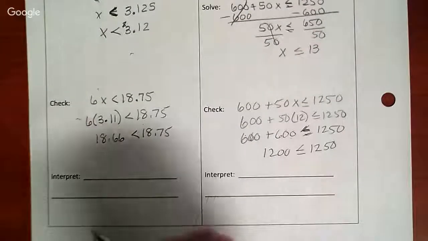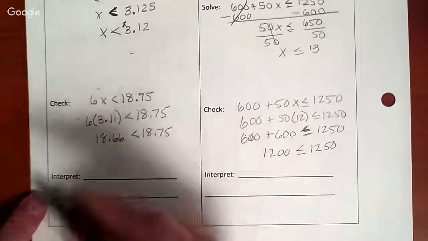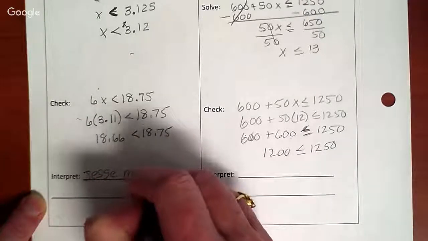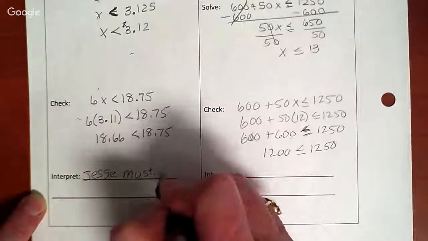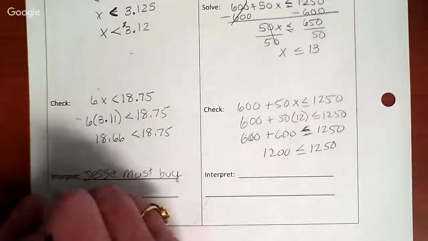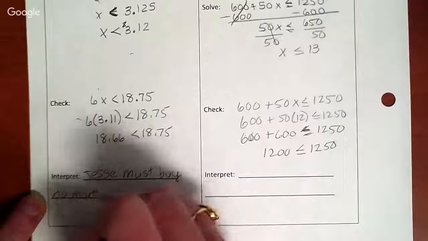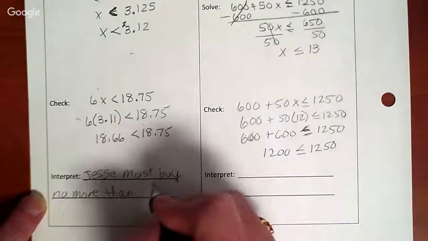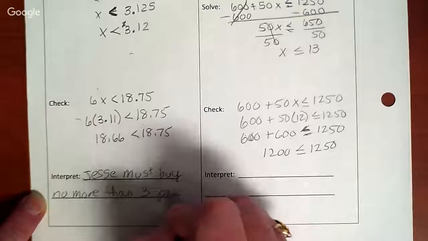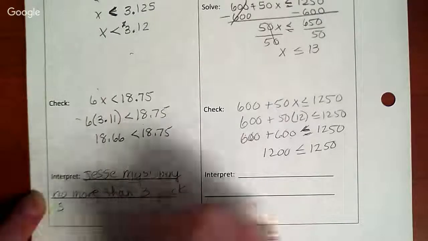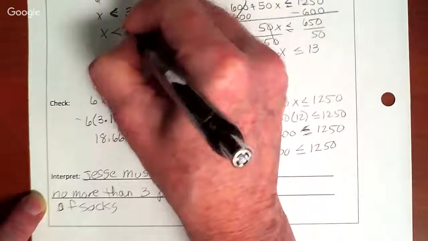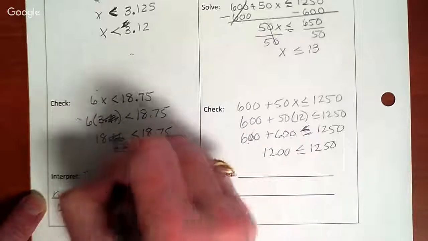And to interpret that, okay, Jesse must buy no more than three packs of socks. Not money, guys, sorry. That's 3, so 18.